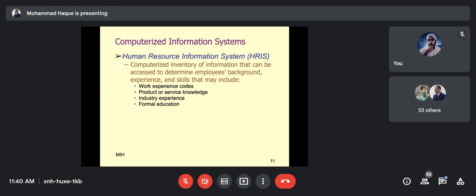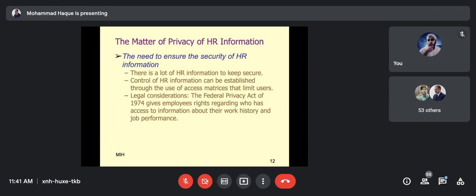It collects data and provides data to the human resource system. That is what we are referring to here, which is a computerized inventory of information that can be accessed to determine employees' background, experience, and skills that may include work experience codes, product or service knowledge. It will also include industry experience and formal education that they have acquired over a period of time.